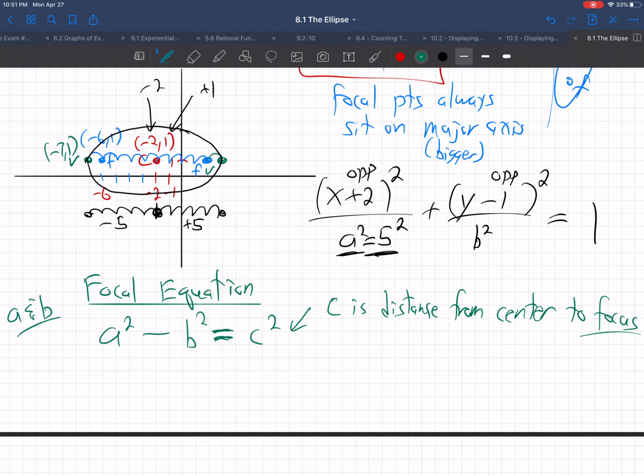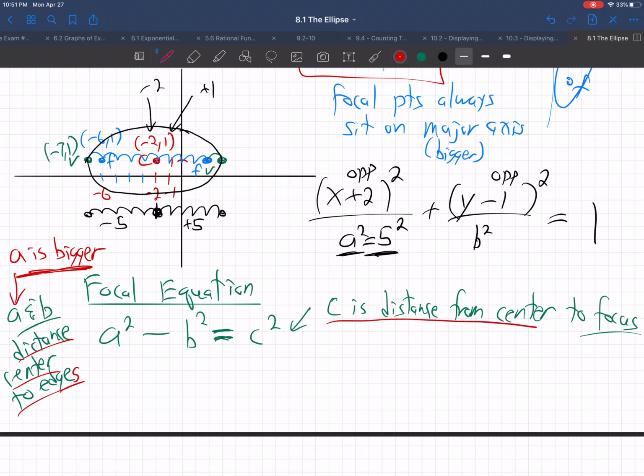A and B are distance center to the edge, and A is the bigger one. Remember, whenever we use that equation, A is the bigger one. So A and B are how far distance from the center to the edges. C is the distance from the center to the focus points.